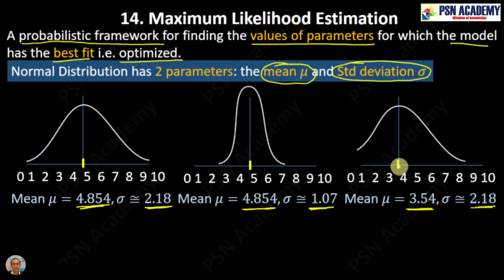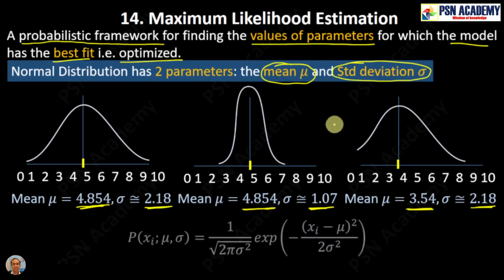Now you can clearly see that for different values of mu and sigma, you are getting different kinds of shapes. Now, when you have data, which mu and which sigma will make your distribution very, very near to the distribution of your data? Those values of mu and sigma are determined by this MLE.